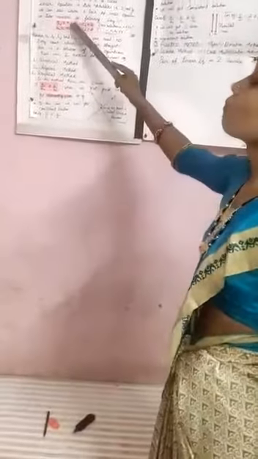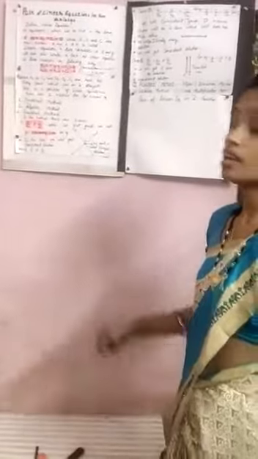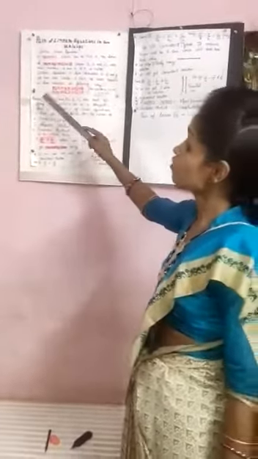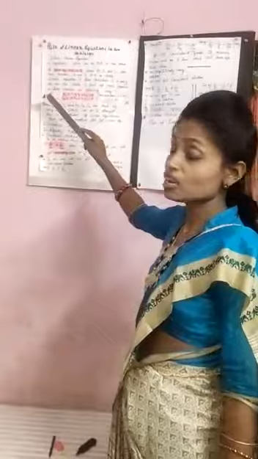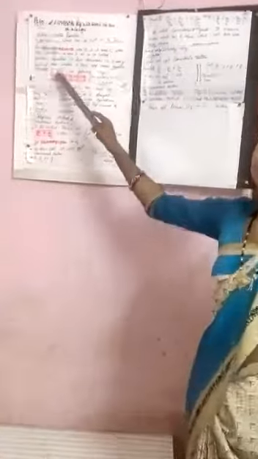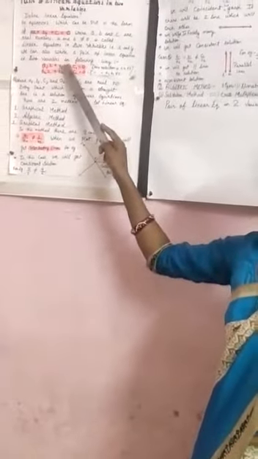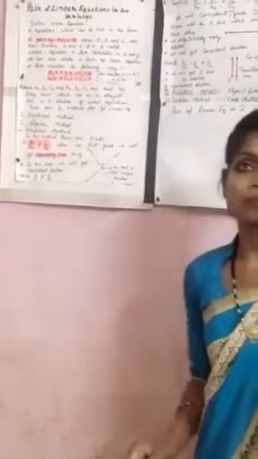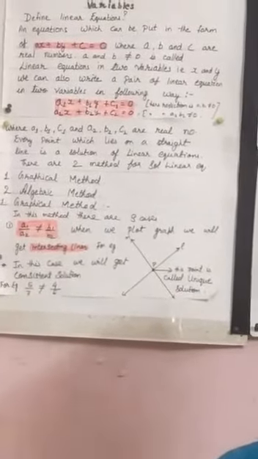These two are the pair of linear equations. What is the pair of linear equations? In mathematical language, once more: a1x + b1y + c1 = 0, and the second equation, a2x + b2y + c2 = 0, where a1, b1 are not equal to 0, and a2, b2 are also not equal to 0.